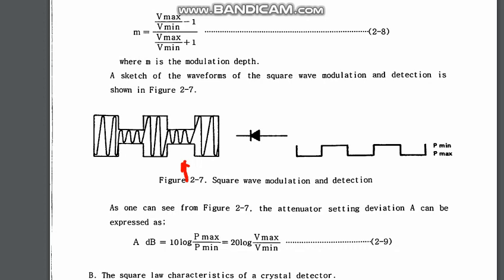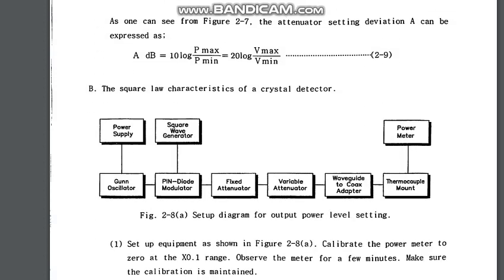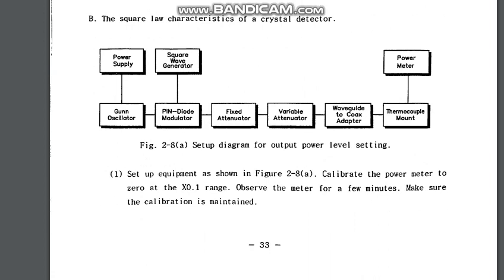As we have used the diode in the crystal detector, and the biased diode, and there was a low pass filter, as you can see, to find out the output from it. So as one can see, the attenuator setting deviation A can be expressed as P max divided by P min, and 20 log of V max divided by V min. These are the square law characteristics of a crystal detector.